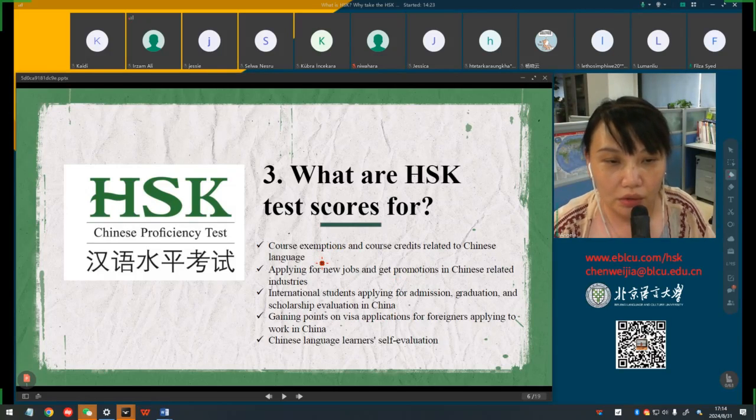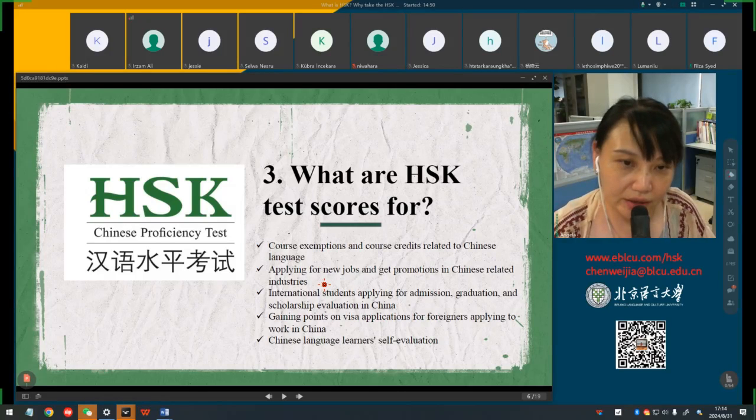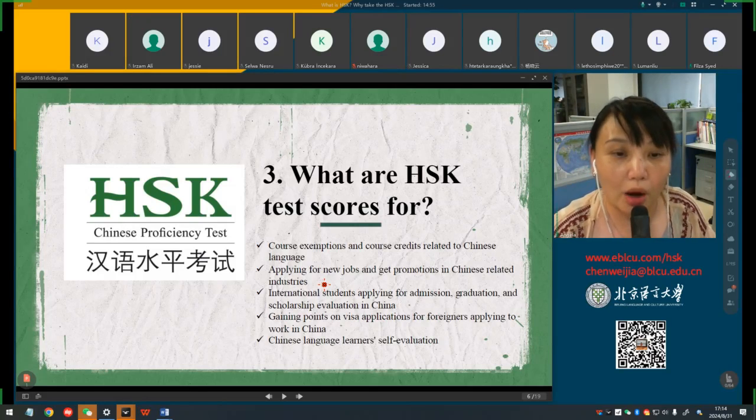And if you join a course related to Chinese language inside or outside China, sometimes the HSK test score will give you course credits for that. And if you're applying for a new job or promotions in Chinese related industries, a higher HSK score, or having an HSK certificate, will help you to find a job related to China or the Chinese language.